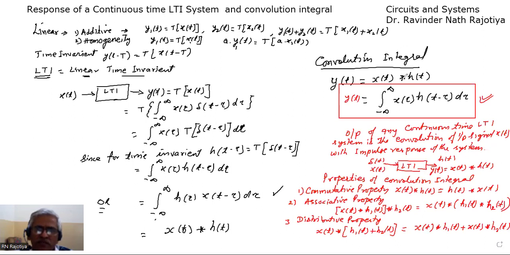The LTI system response is nothing but the convolution of the impulse response and some arbitrary input signal, which is equal to the integral from minus infinity to plus infinity of x of tau, h of t minus tau, d tau. There are three properties of the convolution integral: one, the commutative property; two, the associative property; three, the distributive property.